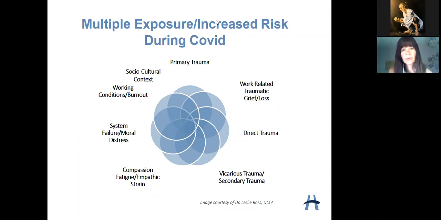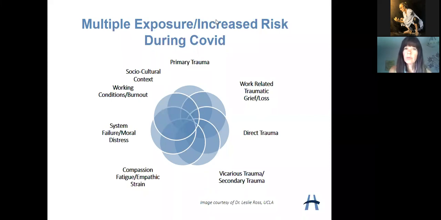As I give some examples of what I have noticed as I move through my days supporting staff in the hospital, we are just saturated in these things, and so we need to be able to identify it, but we need to be able to move out of it to counterbalance these experiences.